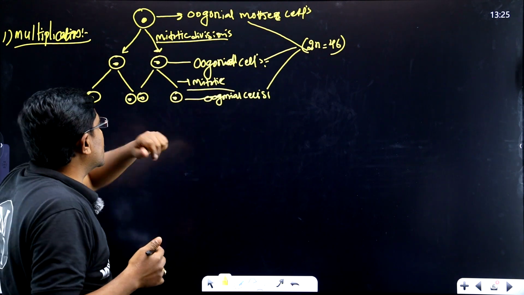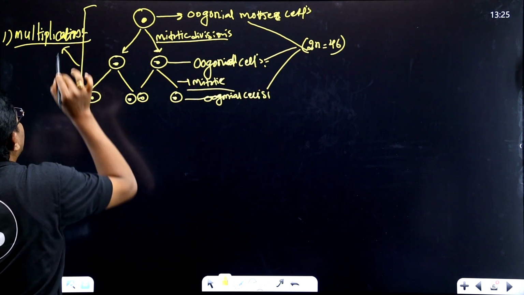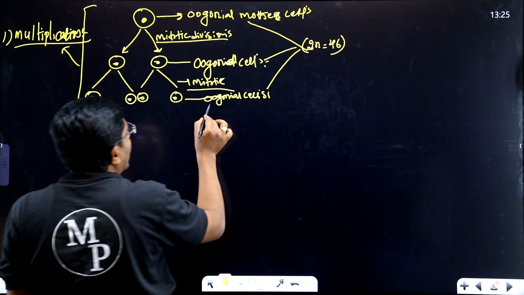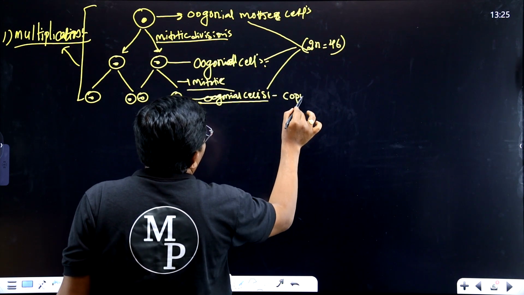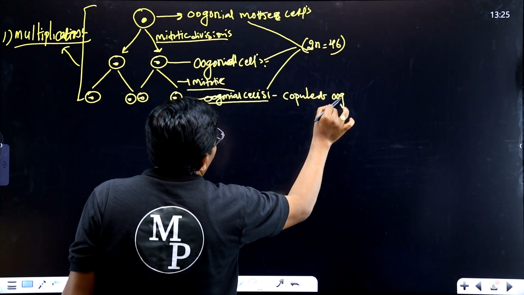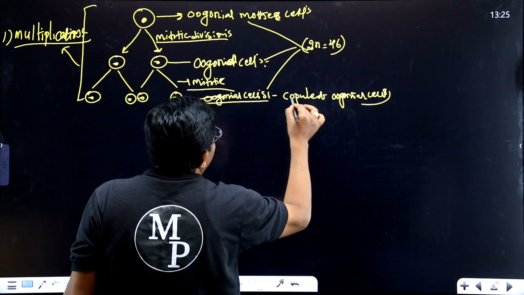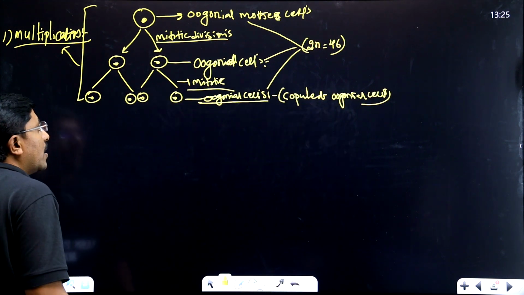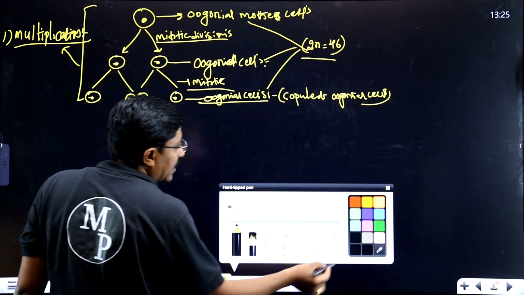Diploid state means 46. From the start up to here, it is the multiplication phase, up to the development of many oogonial cells. All these cells are diploid.